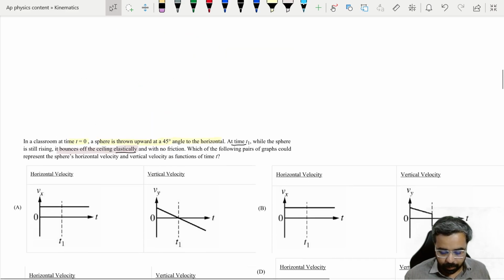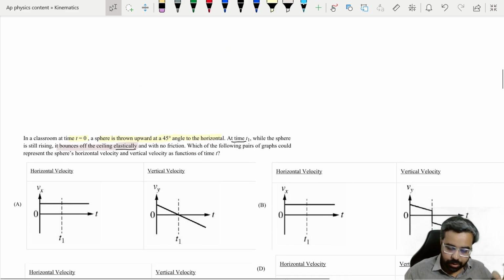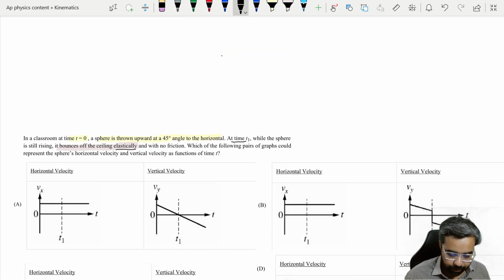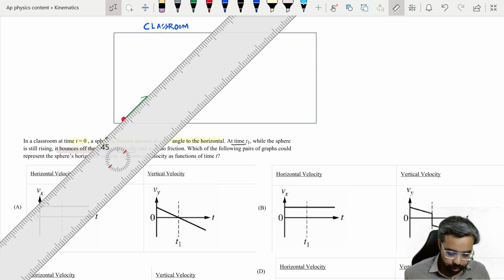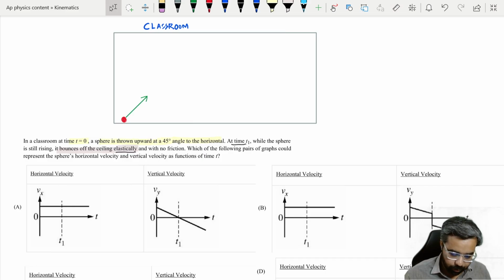Now if we try to draw the situation, let's say this ball is thrown at an angle of 45 degrees, and what will be its trajectory? The ball will go like this. At this point where it is bouncing, this is the direction of the velocity.